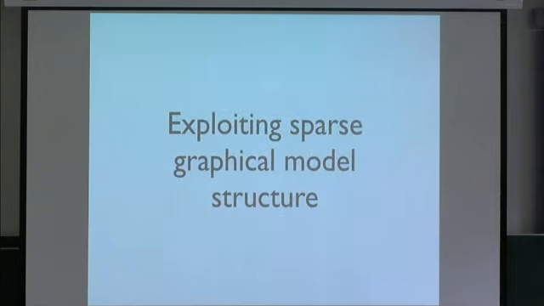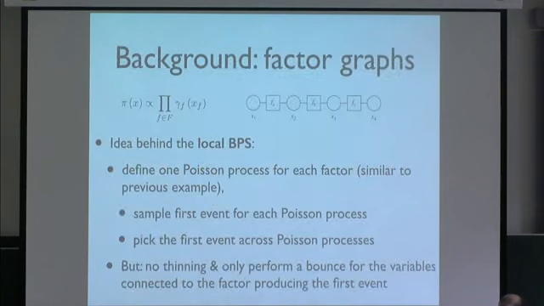Where it gets really interesting, though, is when you can infuse additional structure into the sampler. So, namely, I'm going to look at the case where you have a sparse graphical model for your target distribution. So let me give some quick background on factor graphs.